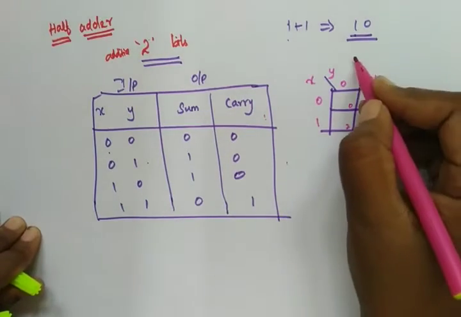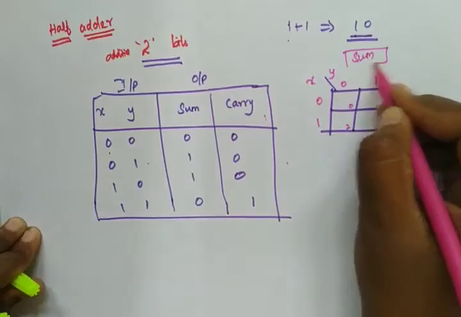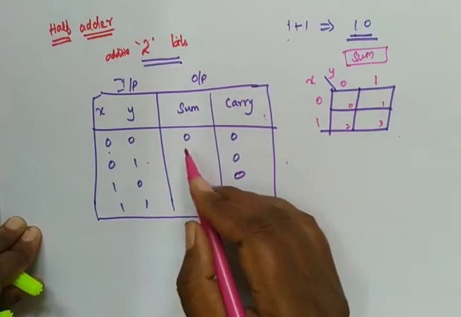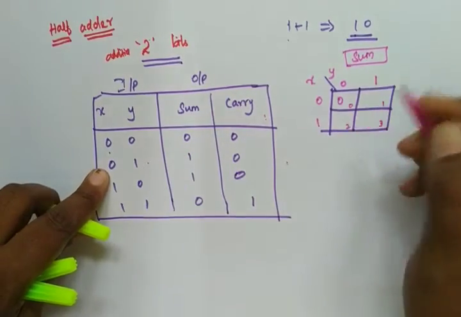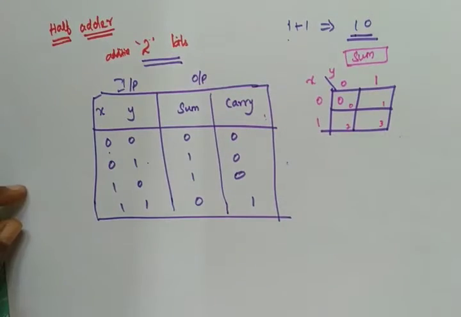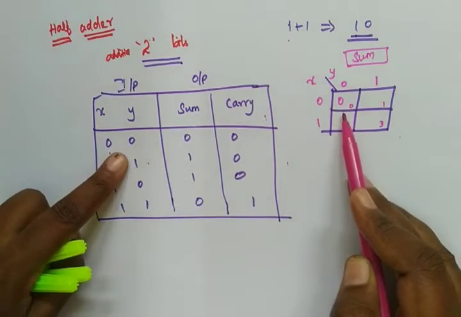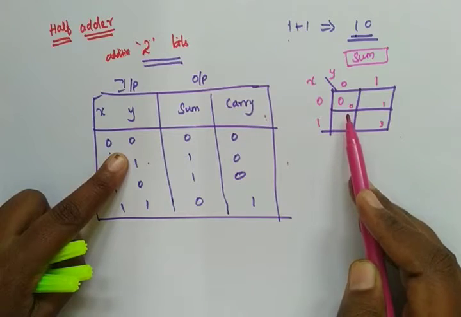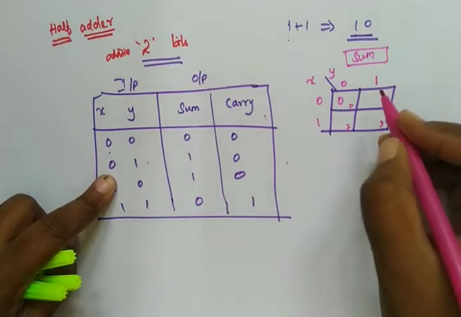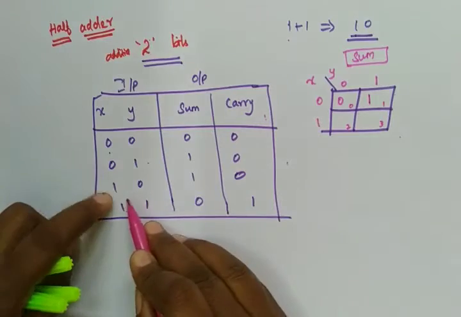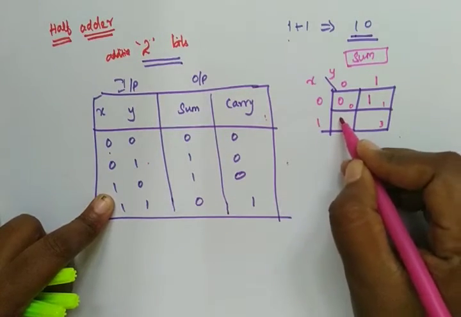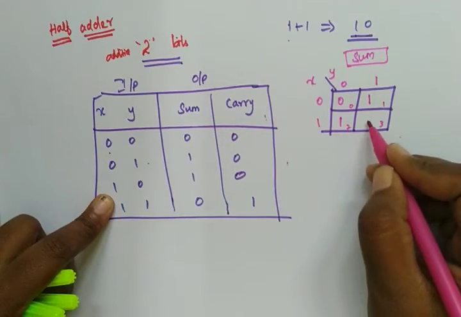Now this is the K-map for sum. 0, 0 represents 0, we don't have any output here. Then 0, 1, sum is 1. For 1, 0, sum is 1. For 1, 1, sum is 0.